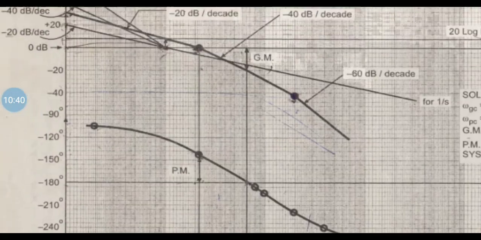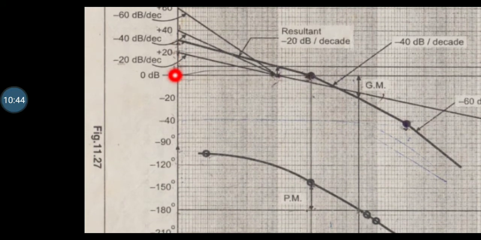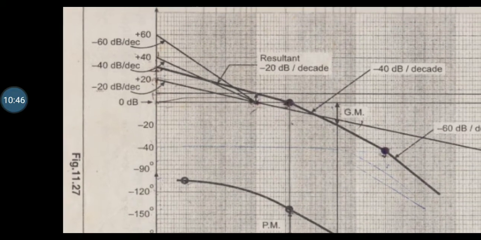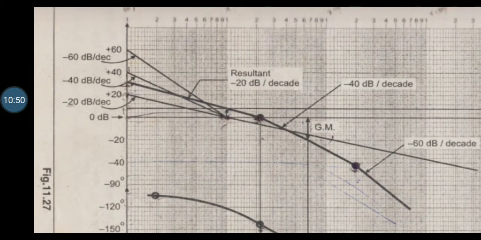This you can see, 1 centimeter is 20 dB. So 20, 40, 60, minus 20, minus 40, below the 0 dB line. This is the 0 dB line. This point represents omega equal to 1, the 0 dB point.